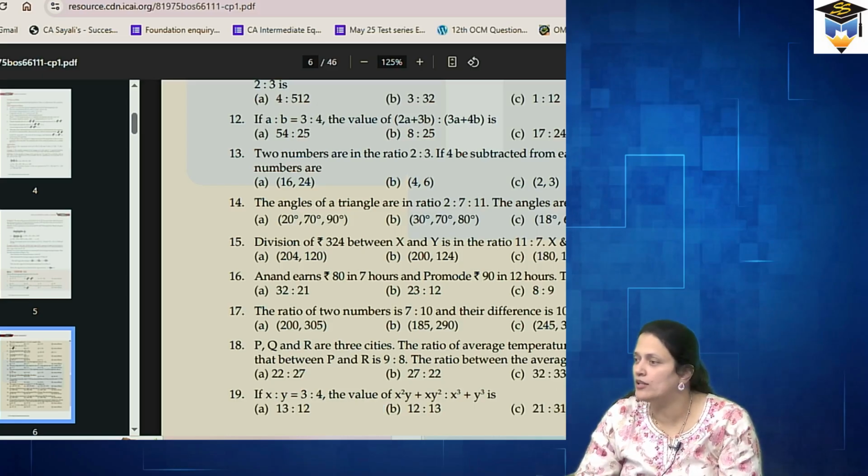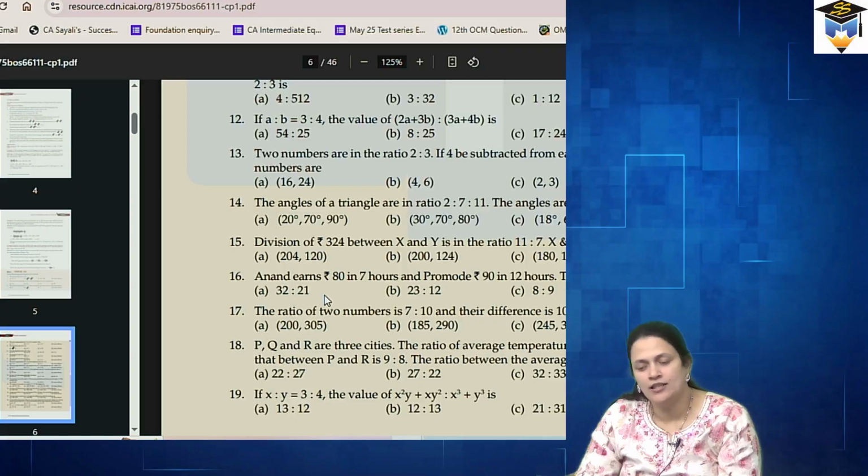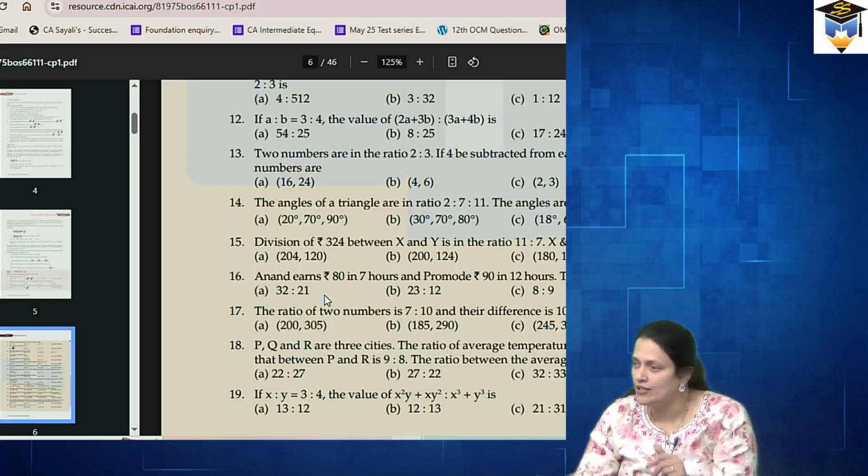Bhavna is going to tell me the 16th. Anand earns rupees 80 in 7 hours and Pramod rupees 90 in 12 hours. The ratio of their earnings. So now Anand earns rupees 80 in 7 hours. So in 1 hour how much does Anand earn? 80 divided by 7.